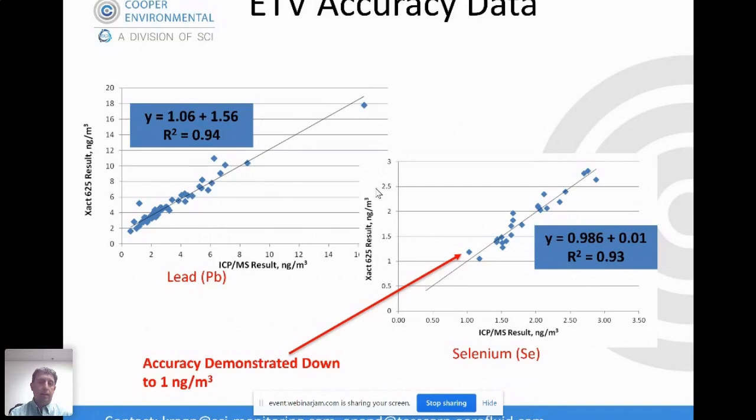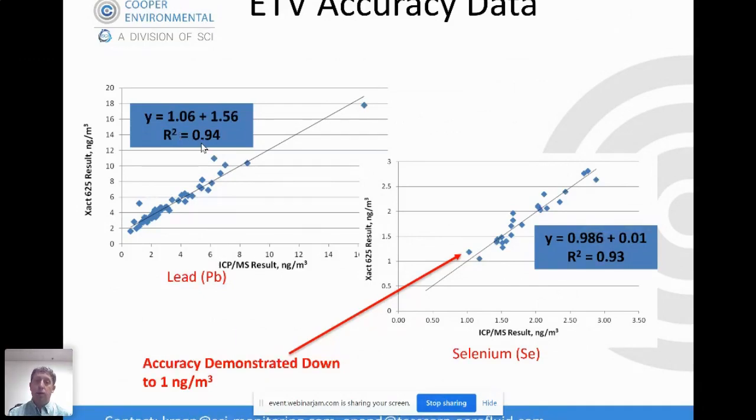Here we have lead in the upper left-hand corner over here, and selenium in the lower right-hand corner. And what you can see here is we have the ICP-MS daily average plotted on the x-axis, and the Xact 625 daily average plotted on the y-axis. And then we have the least squares regression fit here that was represented by this line. The slope for lead was about 1.06, so that indicates very, very good agreement between the two methods.